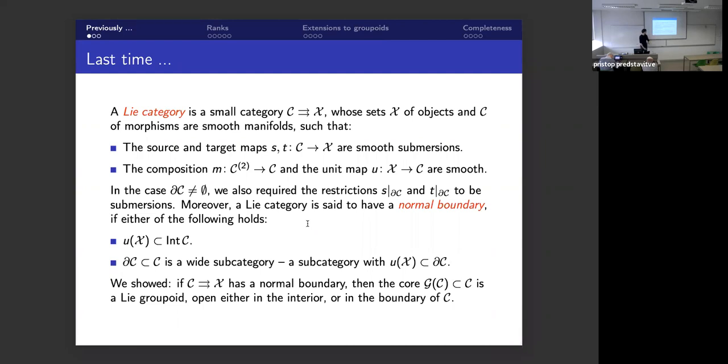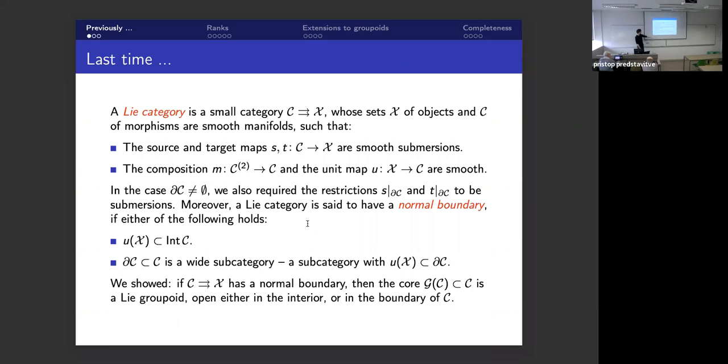One of these two: either the units of the category need to be strictly contained within the interior of the category, or, on the other hand, they are fully contained within the boundary, and moreover, the boundary itself is a subcategory of the category.